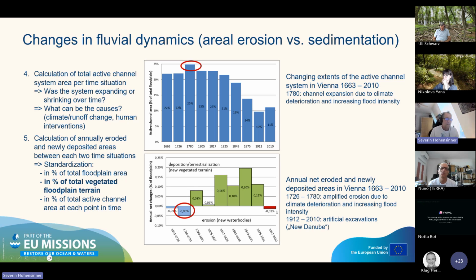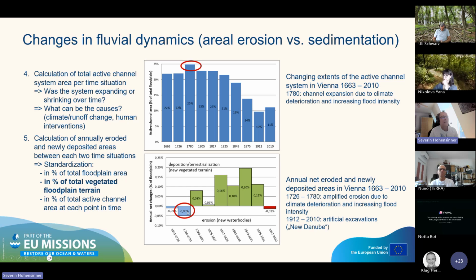And the red one here is because of artificial excavations during the so-called second Viennese Danube regulation program. Yeah, and what we can see here in the time period up to 1780, there's an increase of erosion, which means this is because of the climate deterioration and increasing flood.